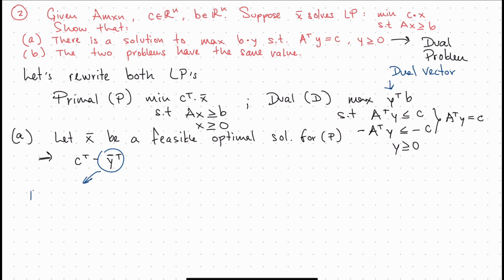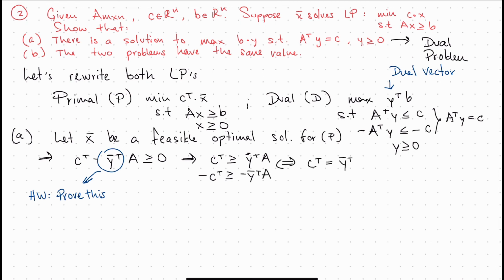As homework, I would like you to prove this. It's actually pretty straightforward. If you have any doubts, you can leave them in the comments. And this is greater or equal than 0. We know that y bar transpose is the dual vector, so this means that c transpose is greater or equal than y transpose times A, and this is actually an equality, y transpose A.